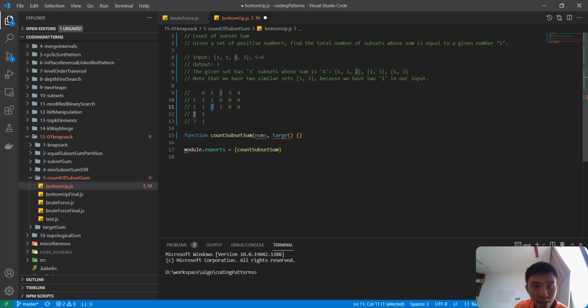But if we take 2, we cannot, because our target sum is 1, and I cannot select 2. It will be over our target. So we know we cannot find any subsets if we take 2. So 0 plus 2 is 2.